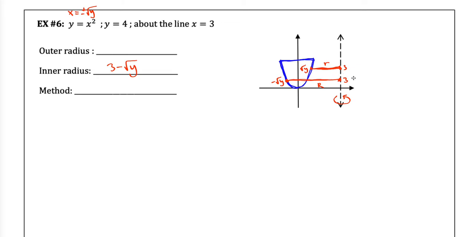And then y and root y, so it'd be 3 on the right, negative root y on the left. So it'd be 3 minus negative root y, so it'd actually be plus root y. Yep, good. Okay, so pi integral... uh-oh, I know what we forgot.